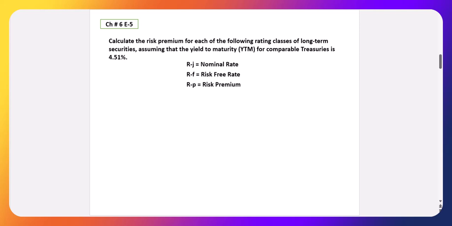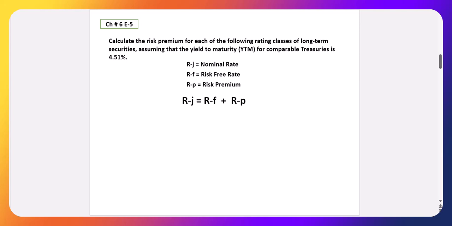If we set RJ as the nominal rate, RF as the risk-free rate, and RP as the risk premium, our formula is as follows. RJ equals RF plus RP.